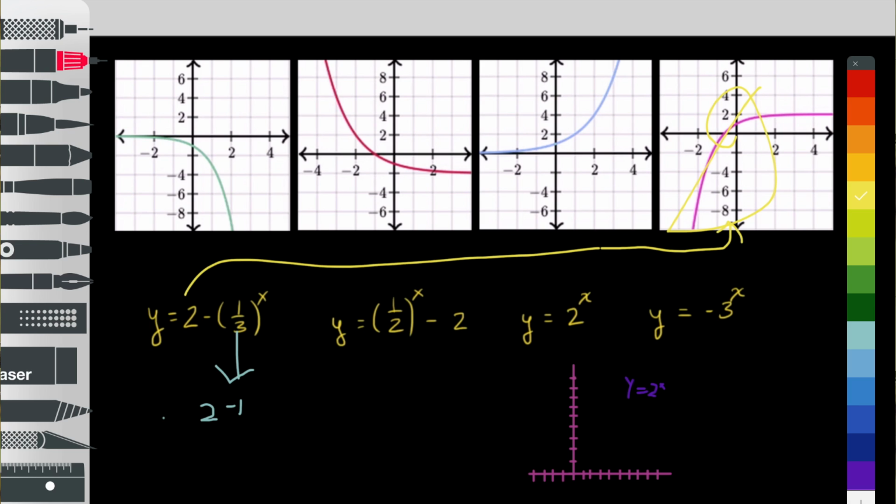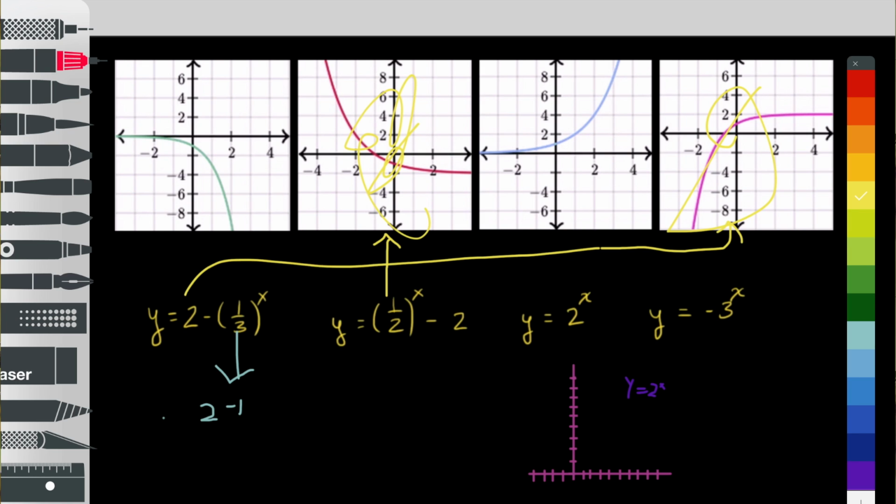So something really small minus 2 is probably going to be close to -2. So it's what we see right here. So that's a coincidence. It's right above. So there. This one is crossed out.